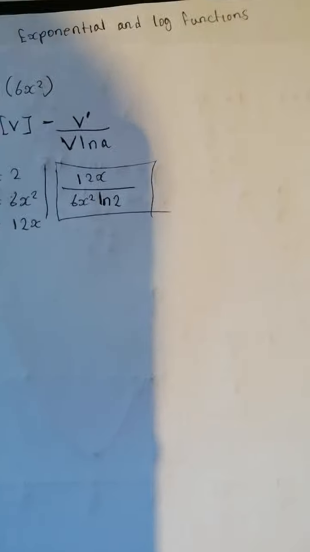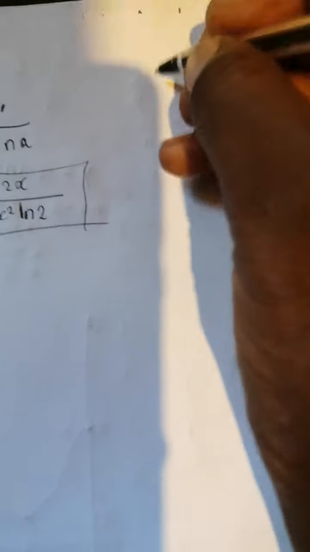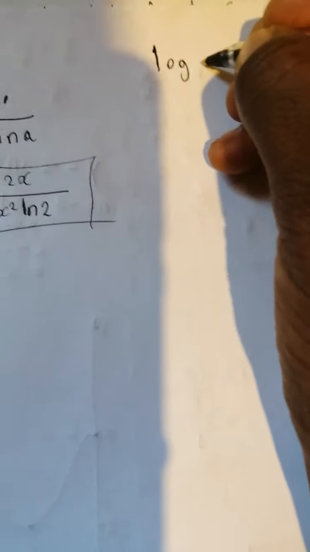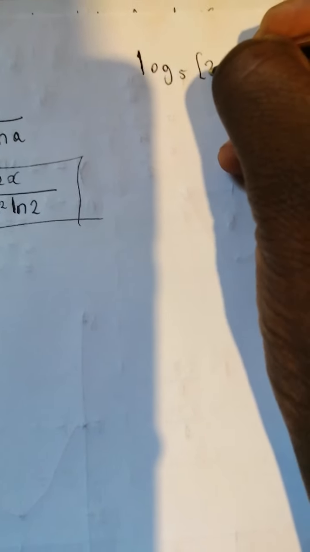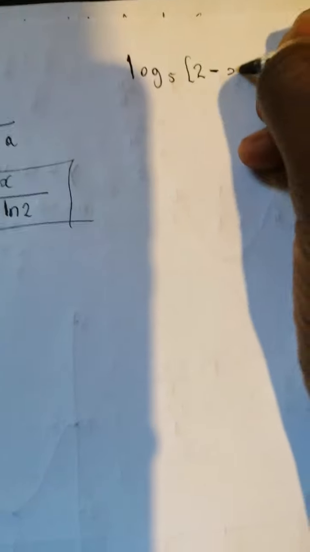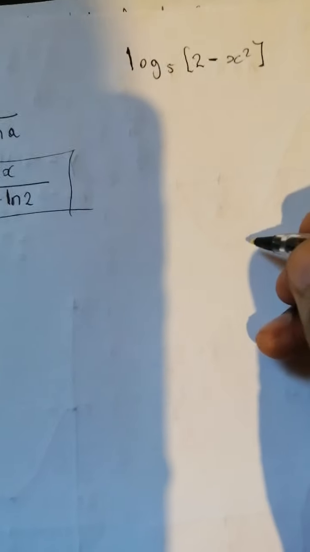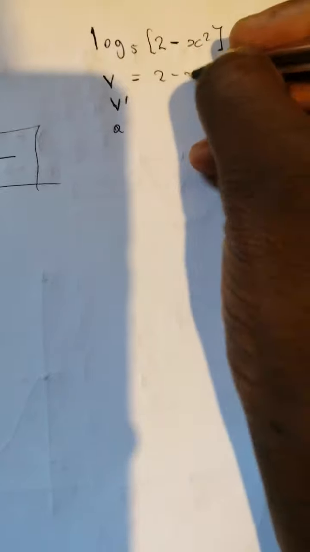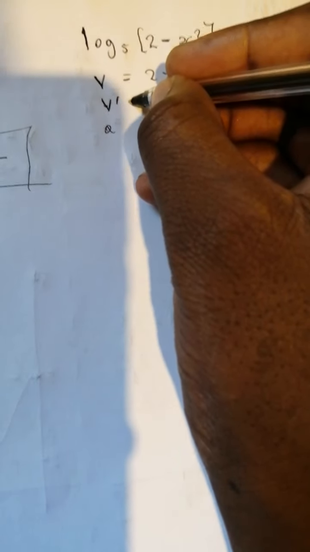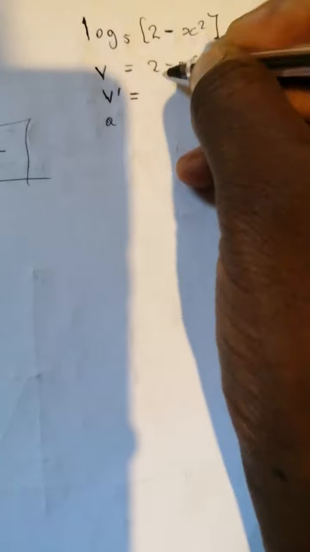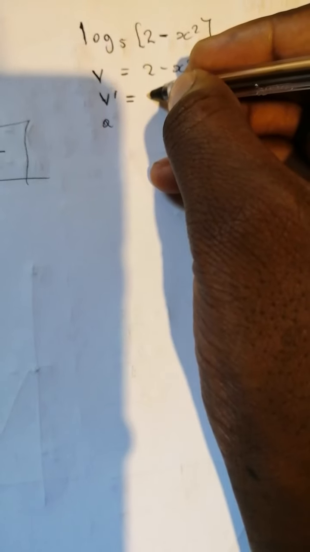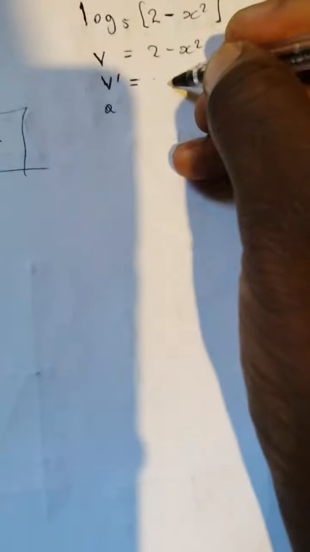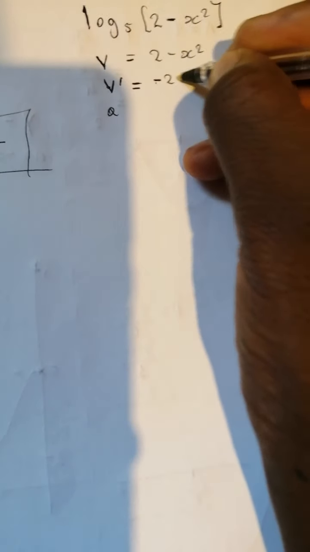So let's try one more example. Let's say we have log base 5 of 2 minus x squared. First of all, let's identify v, v prime and a. v is equal to 2 minus x squared, and v prime is the derivative of this function, which is negative 2x.